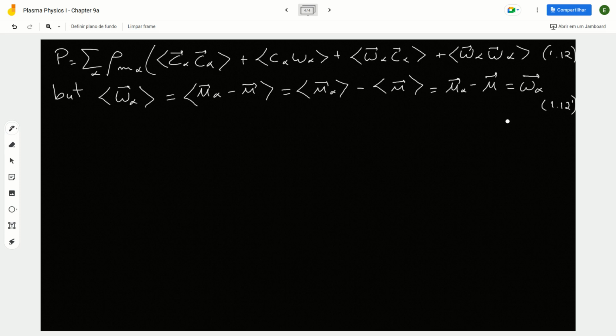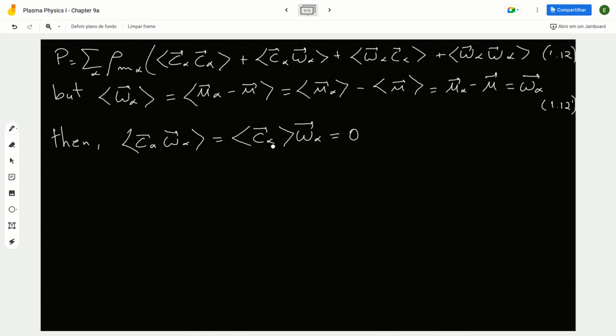Okay, so what we have is that this product, and there's an arrow here, which may be written like this, because you have this average, which is, I'm using this result here for omega, and this is 0.